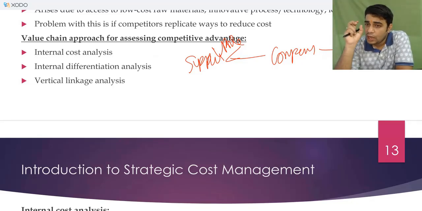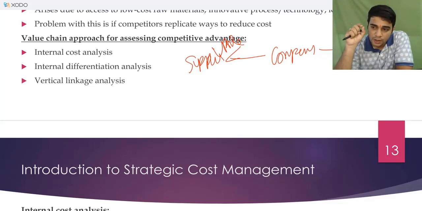So try to find out how much cost you are incurring at every activity, and the objective is to reduce those non-value added activities and do cost reduction for the critical activities as well.